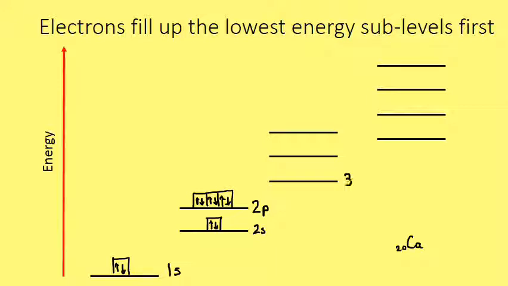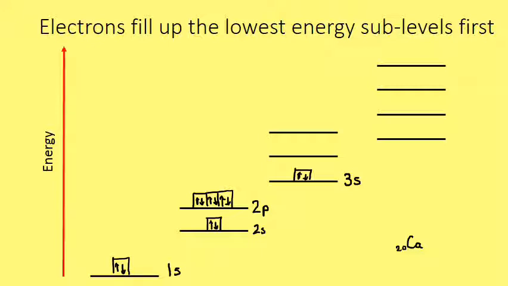The lowest sublevel in the 3rd shell is going to be the s orbital, and we've got 1 orbital in that sublevel, into which we can put 2 electrons. So there's another 2 of our electrons accounted for. Let's just check. We've got 2, 4, 6, 8, 10, 12. We've accounted for 12 electrons so far, and that 3s orbital is now full, so the next electrons are going into new orbitals.